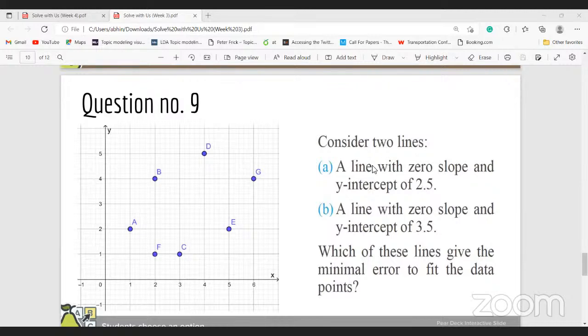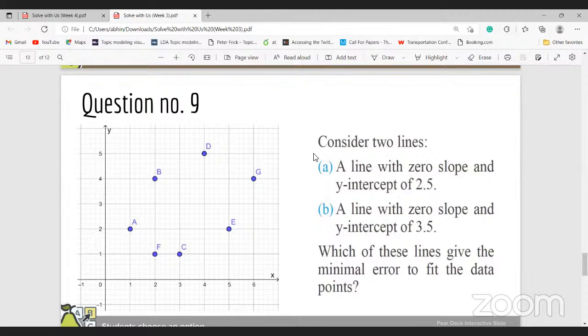Consider two lines, a line with zero slope and y-intercept of 2.5. Can you tell me what will be the equation of this line? y equals 2.5. Yeah, correct, because it is written y-intercept.